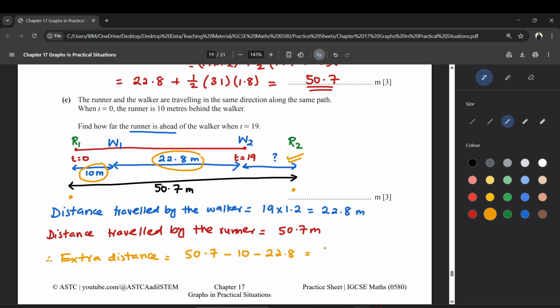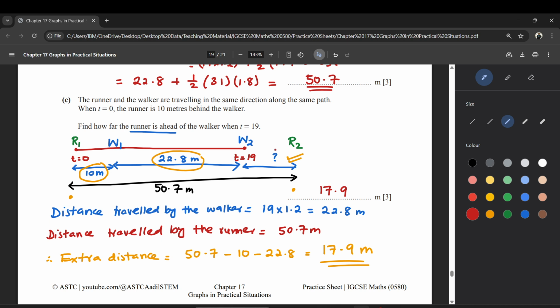That gives us 17.9 meters. Okay, so that will be your final answer. And this 17.9 meters is the difference between the walker and the runner when they end at 19 seconds.